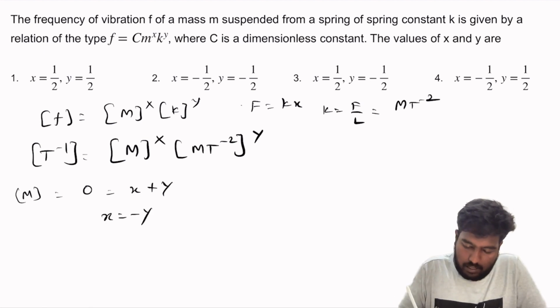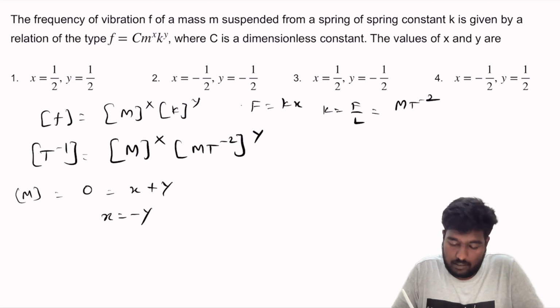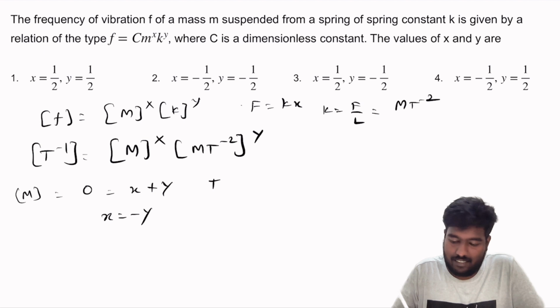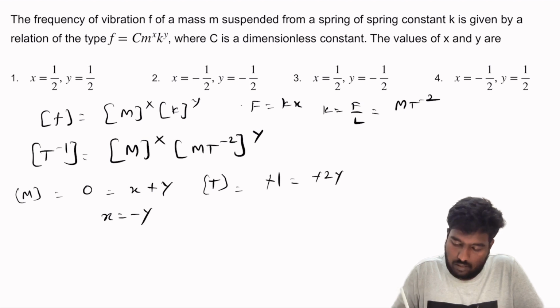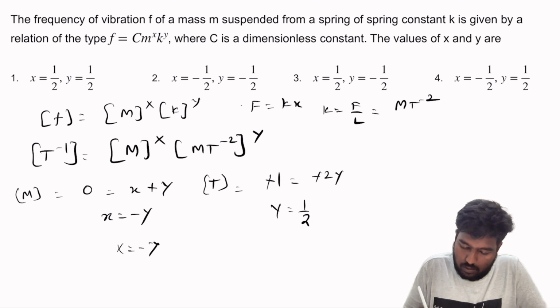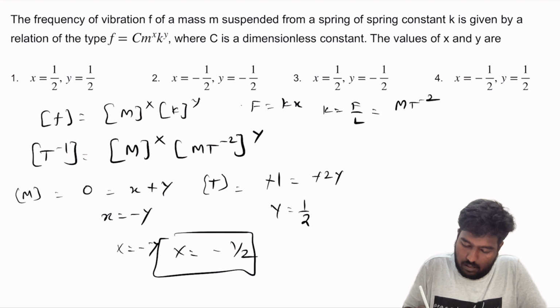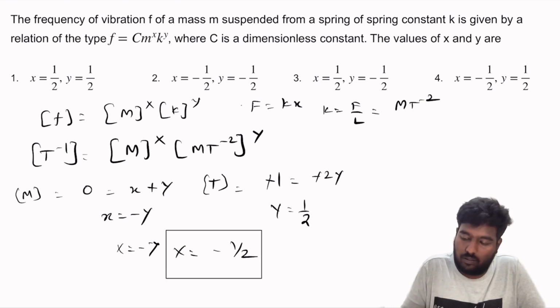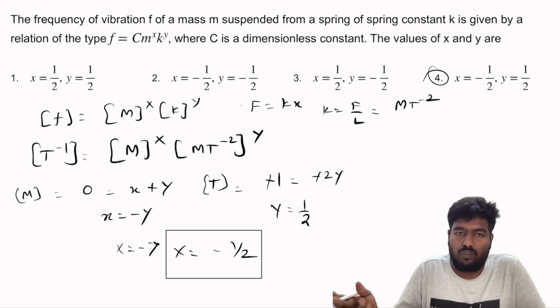Second, let's compare the time. We don't have length. So time, this side minus 1 equal to minus 2y, so y equal to 1 by 2. So x equal to minus y, so x equal to minus 1 by 2. So this is what we get: x is minus 1 by 2 and y is 1 by 2. Fourth option, yes.